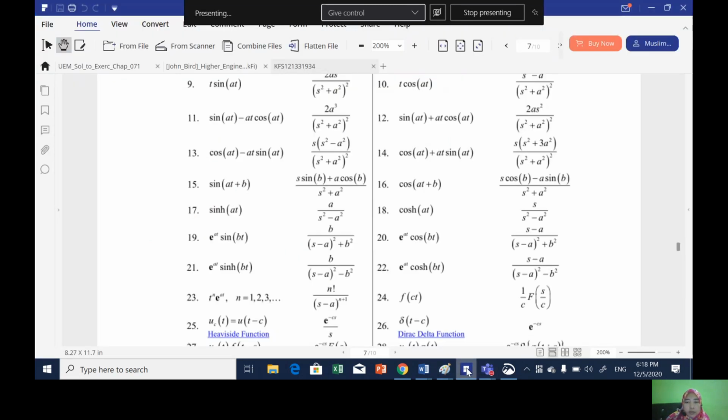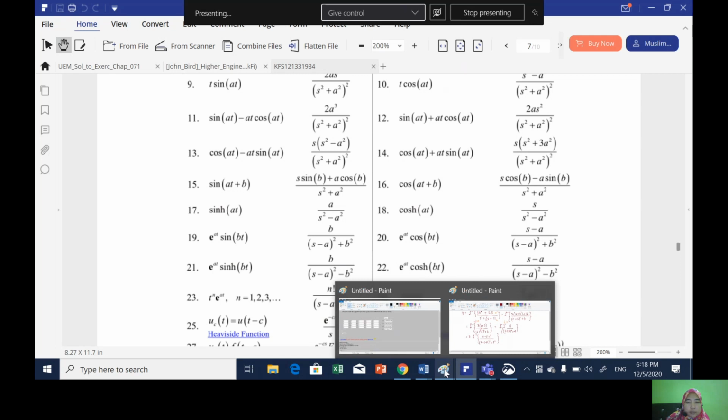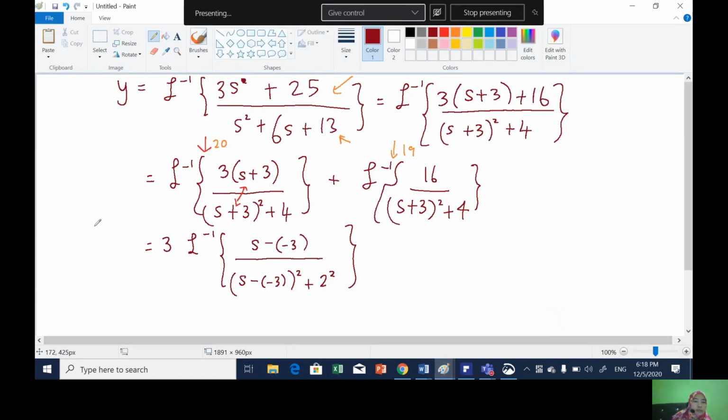On number 20, we have A, then B. So we have e to the power of AT cos BT.